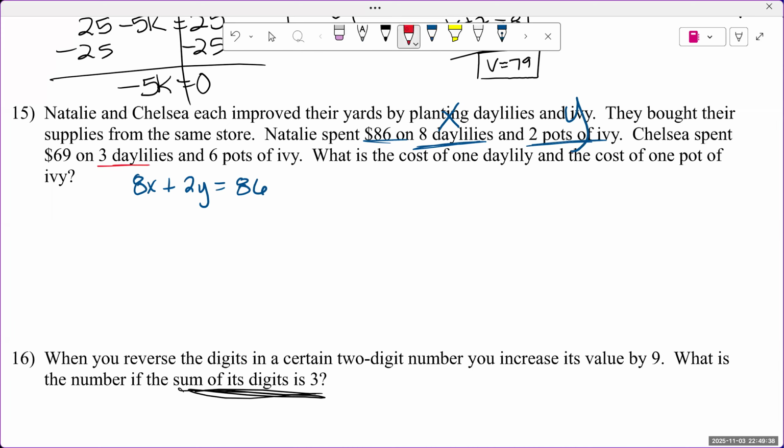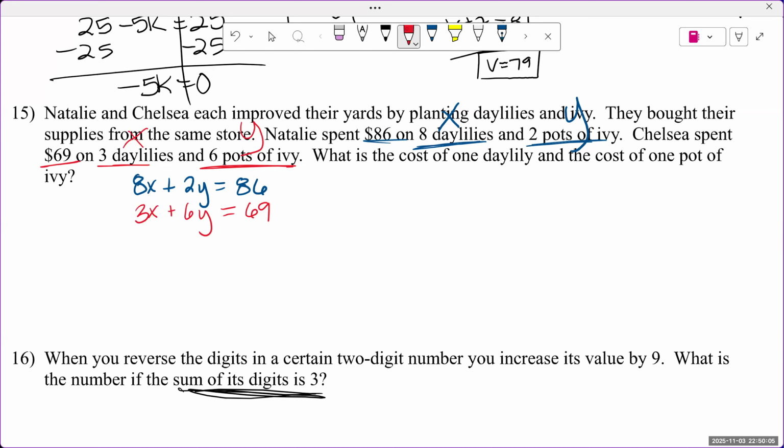Okay, 3 daylilies, that's my X. 6 pots of ivy, that's my Y, equals $69. So 3 daylilies plus 6 pots of ivy is $69.